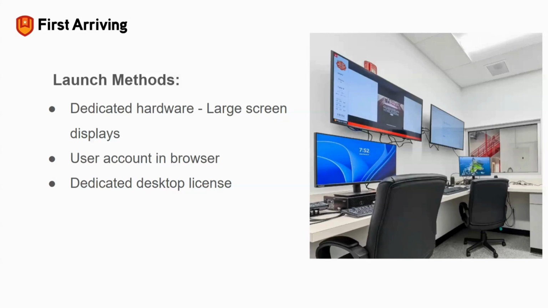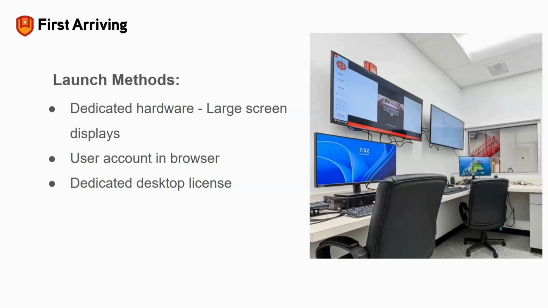Number one is those fixed displays with dedicated hardware from First Arriving, that are those large screen displays up on the wall. The second is being able to launch from your browser so you can see the same content on your desktop or your laptop that we just described earlier. The next is what we call a dedicated always on desktop license.